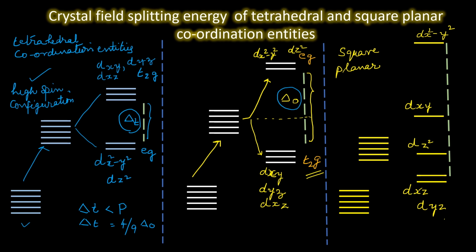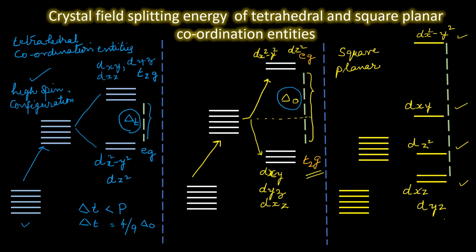I think you can remember this easily now. So dx square minus y square has the greatest energy, then comes dxy, then dz square, then the remaining two, dxz and dyz, have the least energy. These two are degenerate.